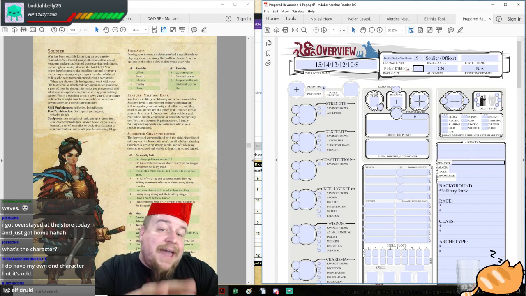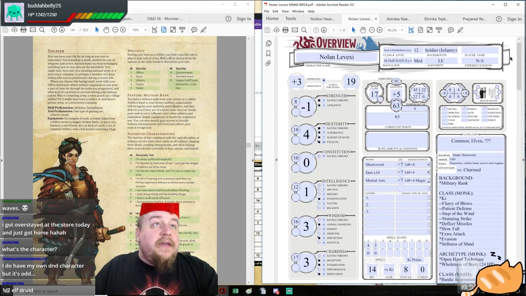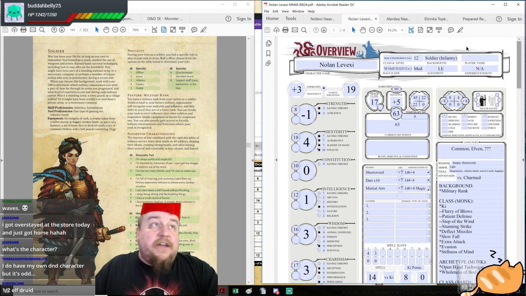She's a half dark elf, or a half Drow, we're presuming. We rolled as a soldier officer, and interestingly enough, the second character we made this week is another child soldier. He's only 11, and he's a child prodigy. He went monk bard, and he was in the infantry.